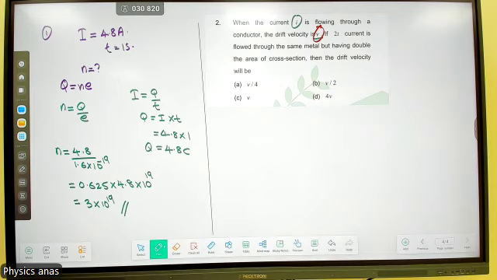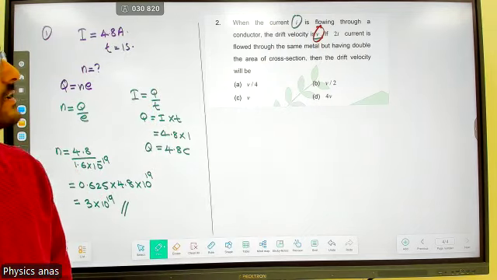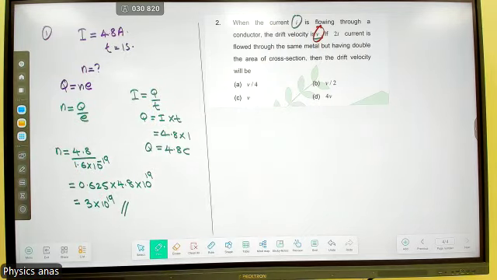Which equation? You use I equal to A v_d e n. There is only I and v_d, so you can use I = A v_d e n. Use that. What is the answer? C.